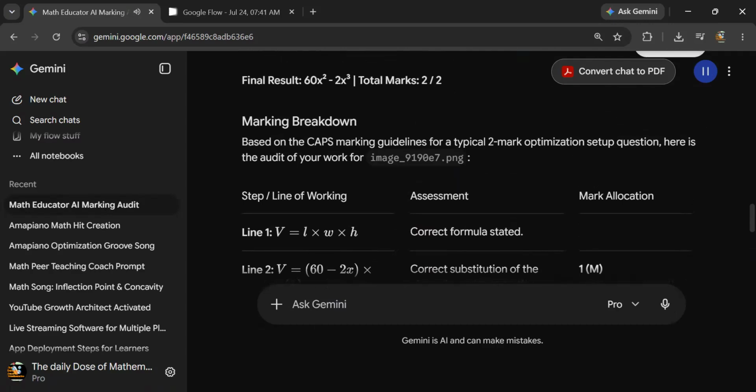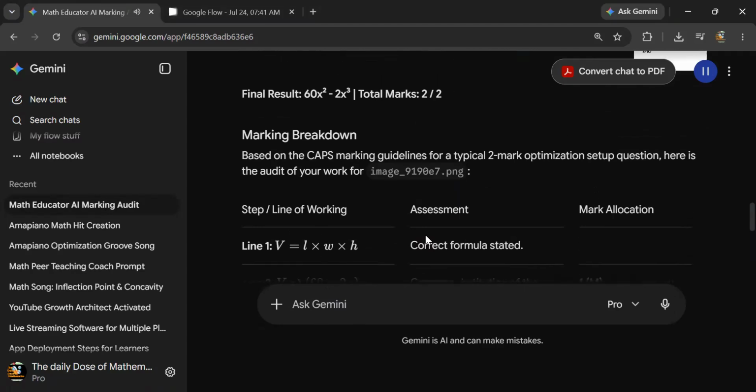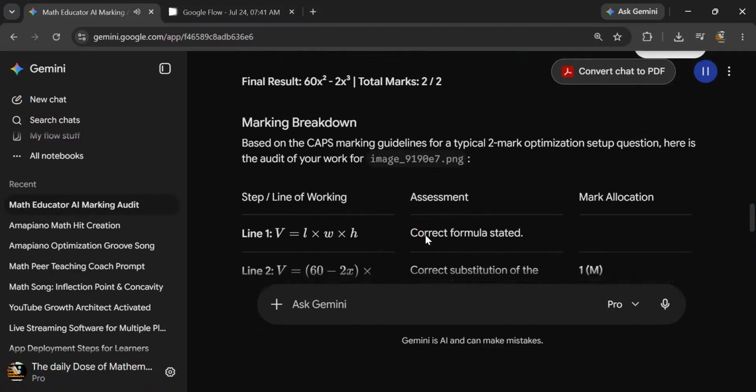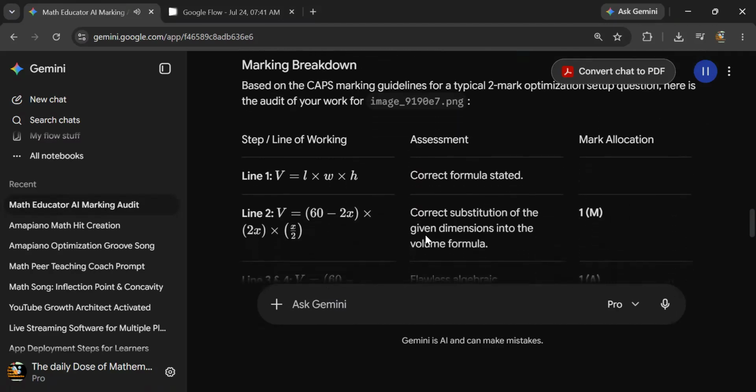The marking breakdown, based on the CAPS marking guidelines for a typical 2-mark optimization setup question, is an audit of your work. Line 1: V equals L times W times H, correct formula stated.